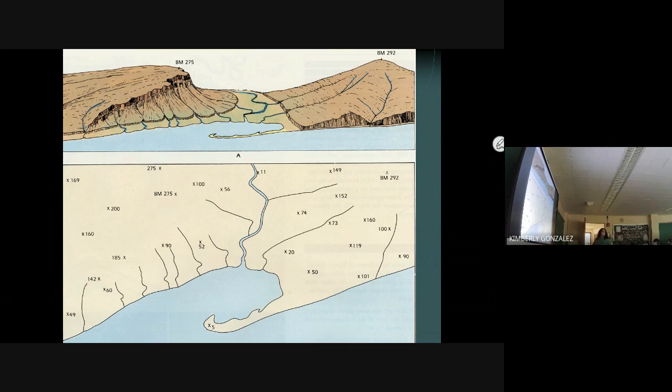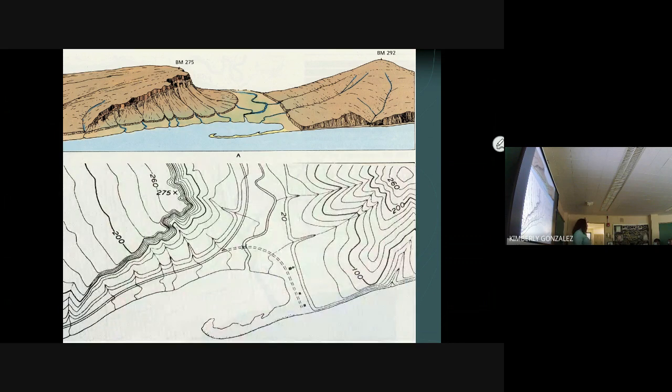Watch the difference between this map and the topographic map. The topographic map gives me a ton more information. This is the map that has the lines drawn in, which means we've already connected the dots. You see how these lines are really super close together?